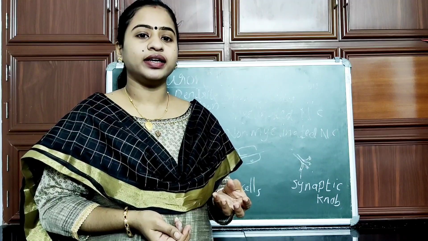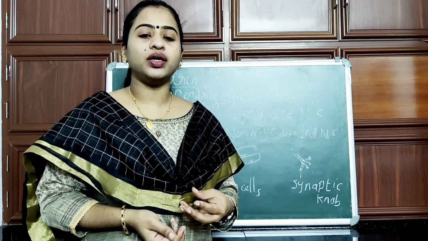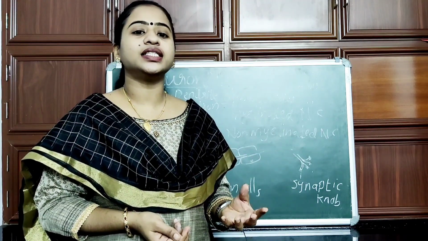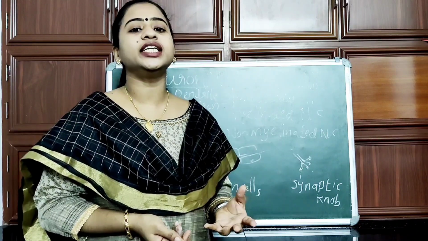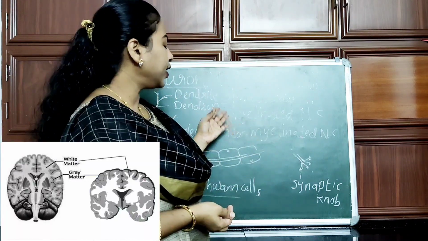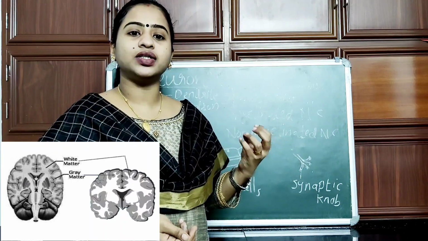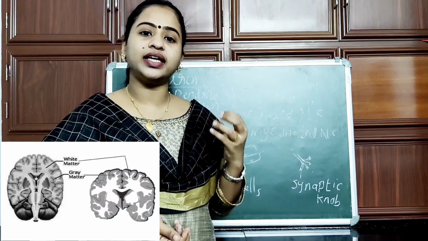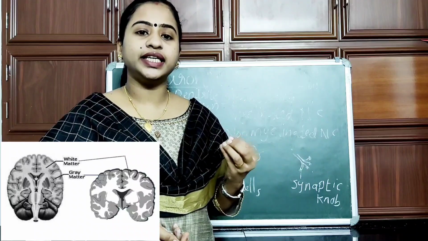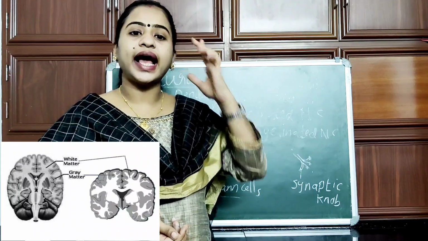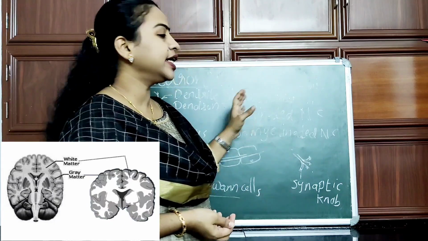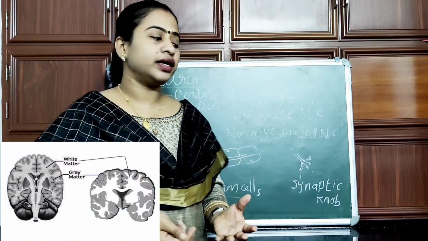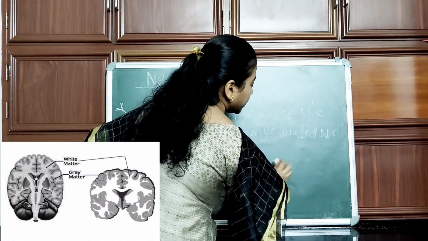In the brain and spinal cord, the region where myelinated nerve cells are present in abundance is called white matter, because the myelinated nerve cells are white in color.